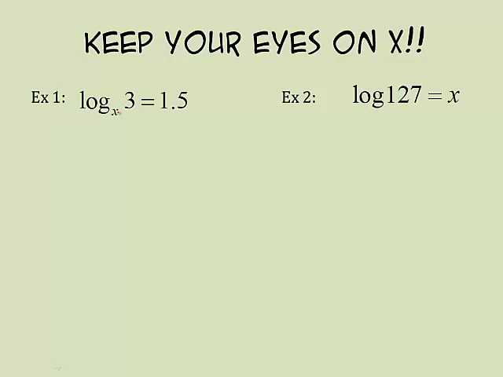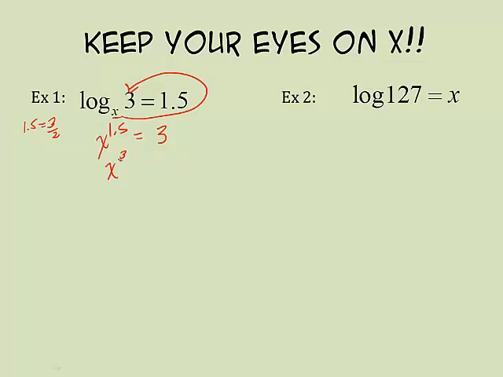So in this first one, x is in the base of the logarithm. So I need to get rid of the logarithm, so I'm going to swirl it. So I say x to the 1.5 equals 3. Now we said before, we're going to convert a 1.5 decimal to a fraction. Well, 1.5 is 3 halves, right?